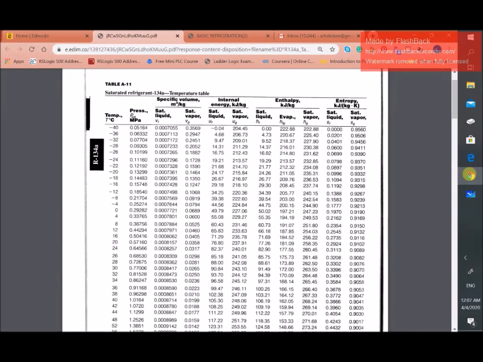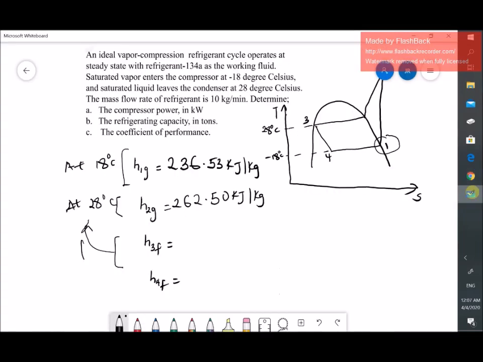At 28 degrees Celsius, we find the corresponding enthalpy at saturated liquid, which is 88.61 kilojoules per kilogram.